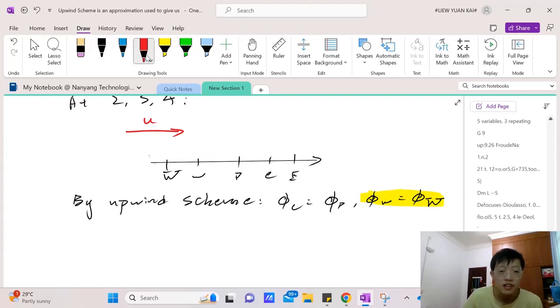This flowing velocity will push the value of phi P onto phi E. And this value of phi big W will be pushed onto phi small w because of this flowing fluid. Just think about wind blowing certain toxic gas to the right-hand side.